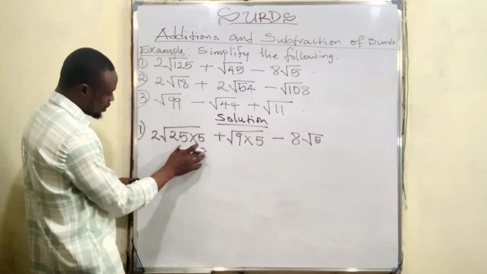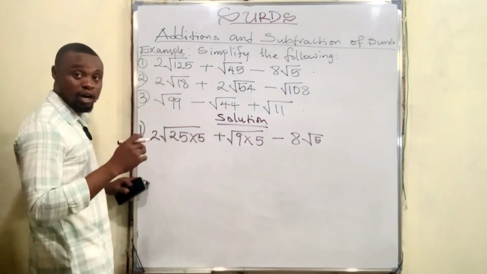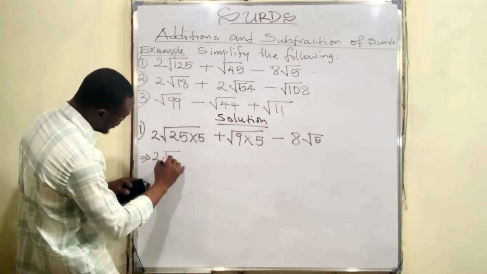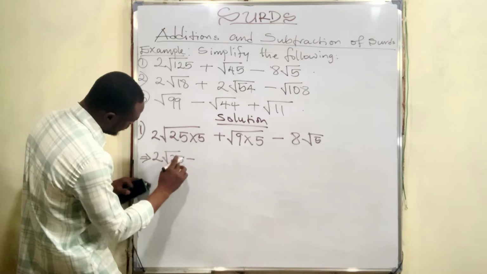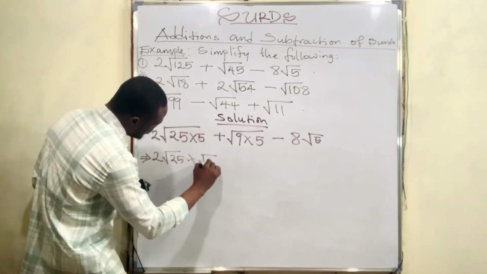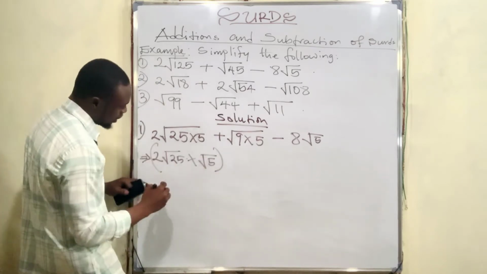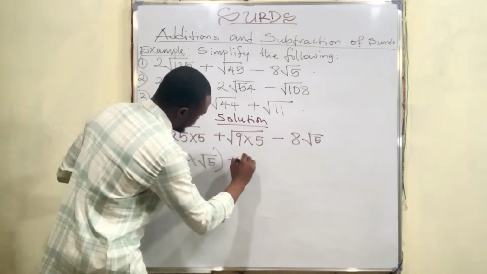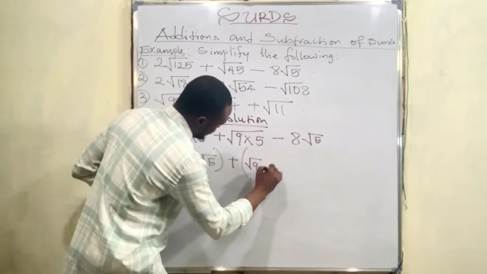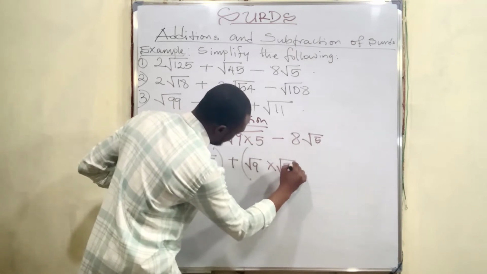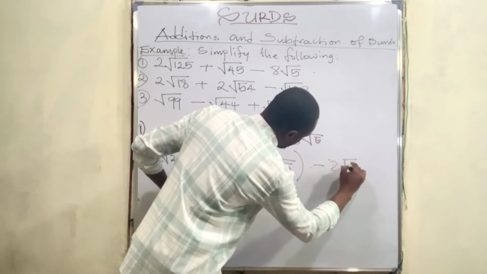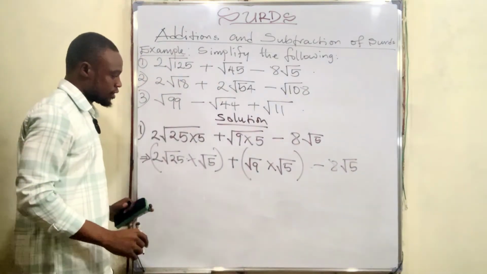Now, if we split this root, just like in our rule, we have 2, the individual root of 25 times the individual root of 5. So I'll put this in brackets, plus put this one also in brackets. So I have the individual root of 9 times the individual root of 5, also in brackets, minus 8 root 5. So this I will not put in brackets.